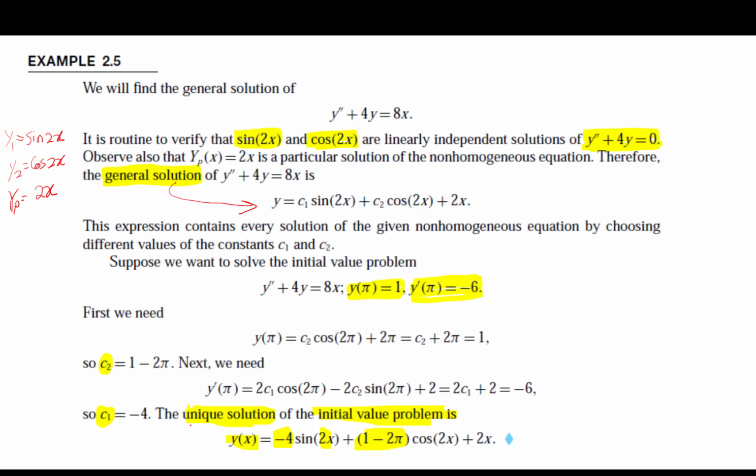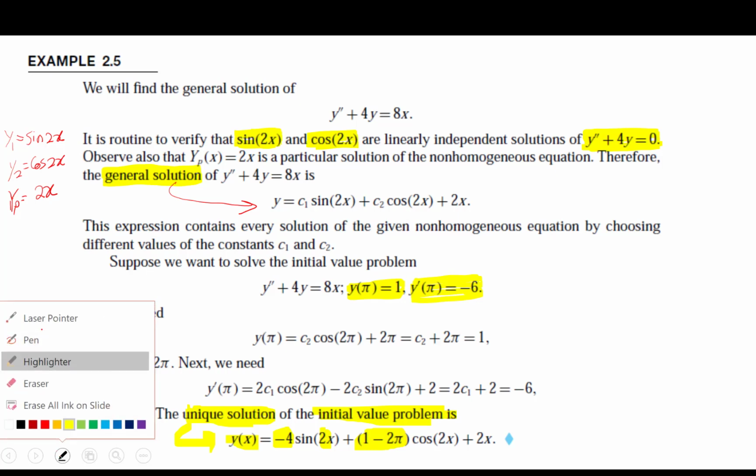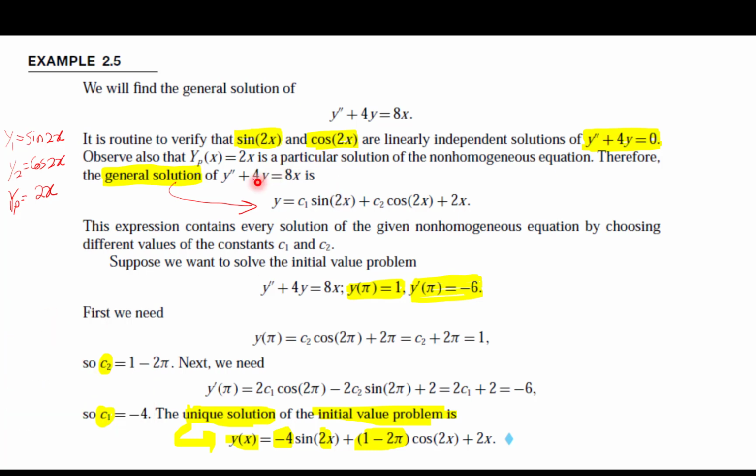This is what we call the unique solution. I hope we have understood the meaning of the strategy for finding the solution, whether for the homogeneous or non-homogeneous equation.